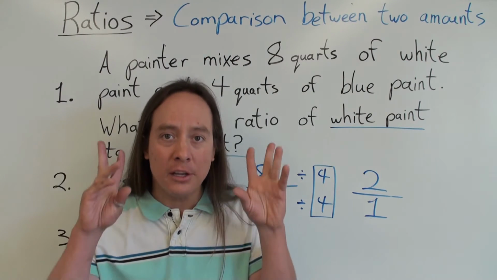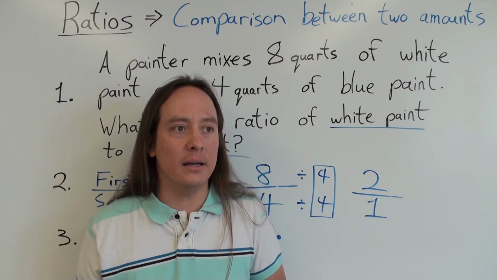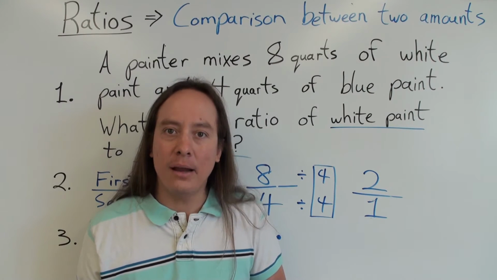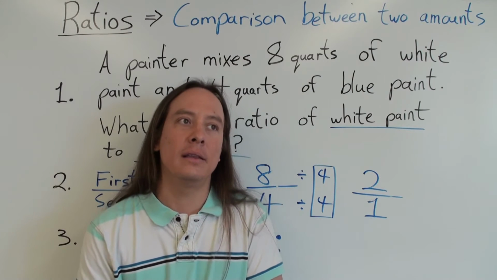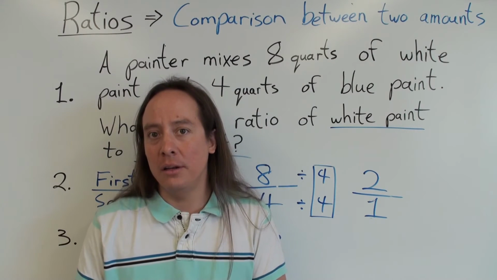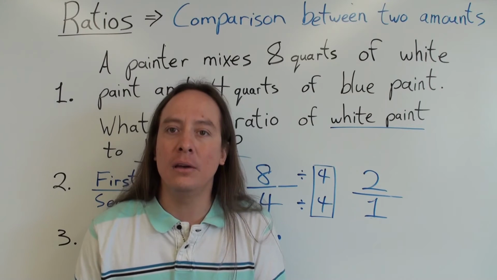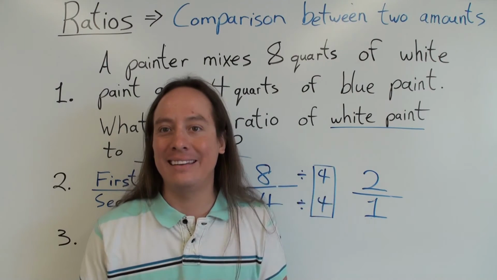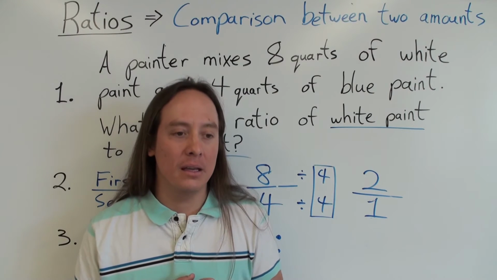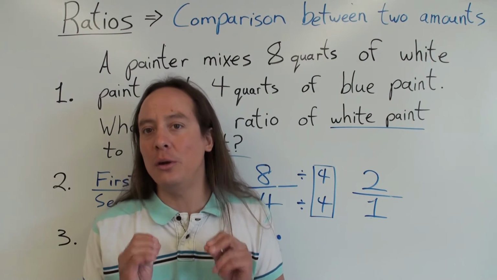Another common unit rate is speed limits. We have like 35 miles per hour, and that's a ratio. They'll fine us if we change that ratio too much, if we start going double that in the same amount of time. Those are called unit rates.